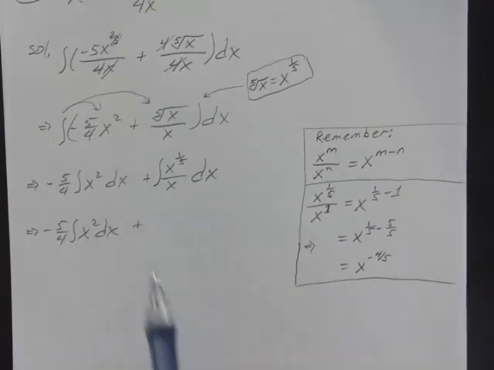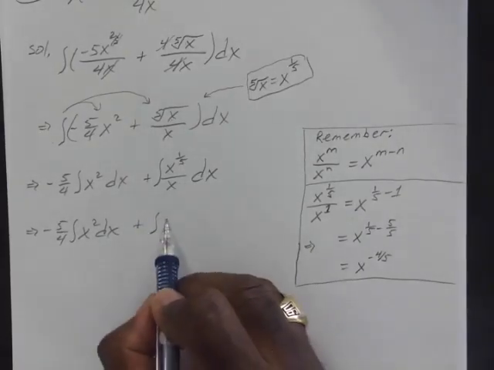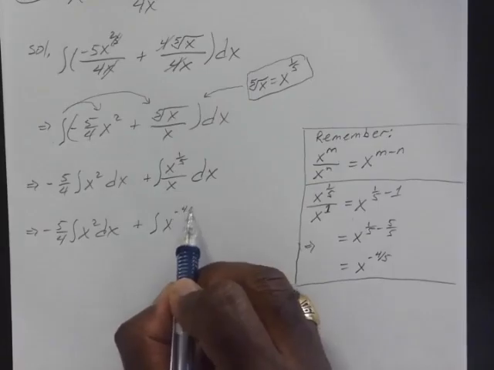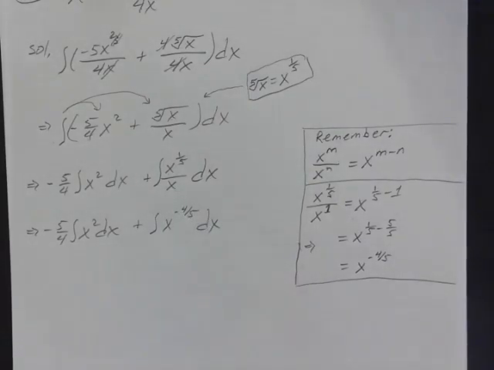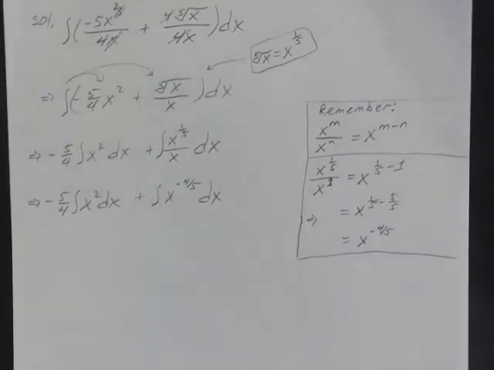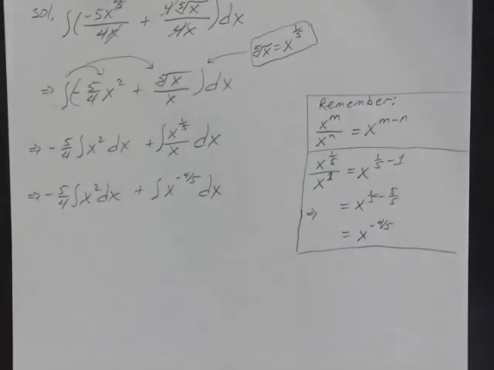So that turns this into an integral of x to the negative 4/5 with respect to x. Okay. So they're all in the perfect form, your independent variable raised to the power of a real number.